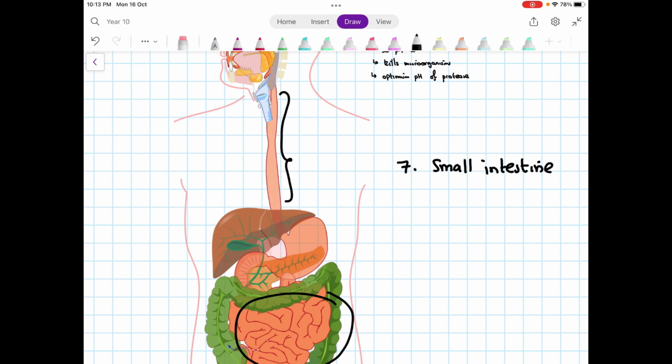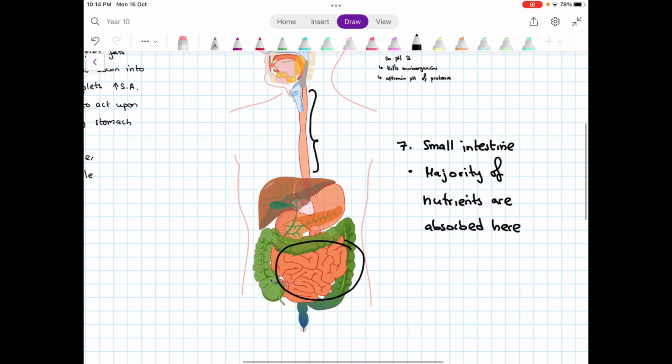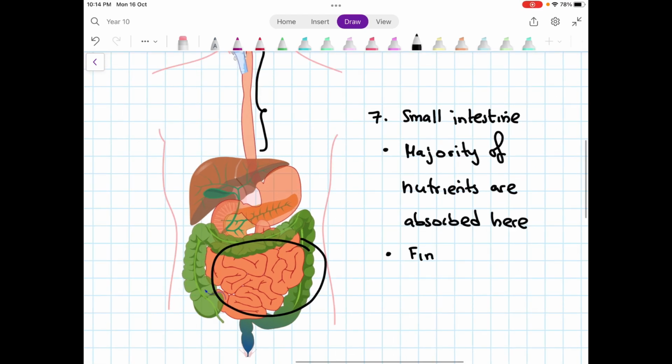And the small intestine is where the majority of nutrient absorption takes place. And the small intestine is very adapted for this function. It contains lots of folds and turns to increase the surface area for absorption, and it also has finger-like projections known as villi.